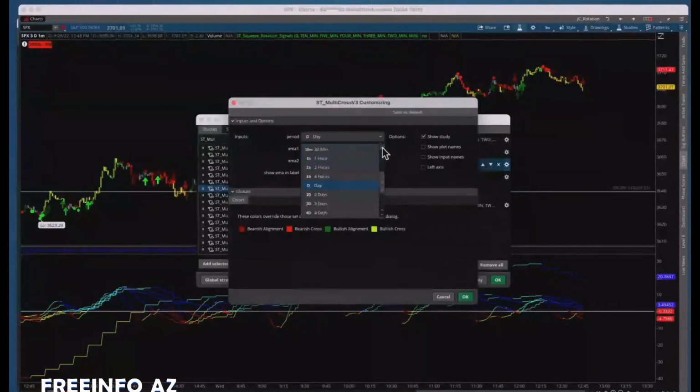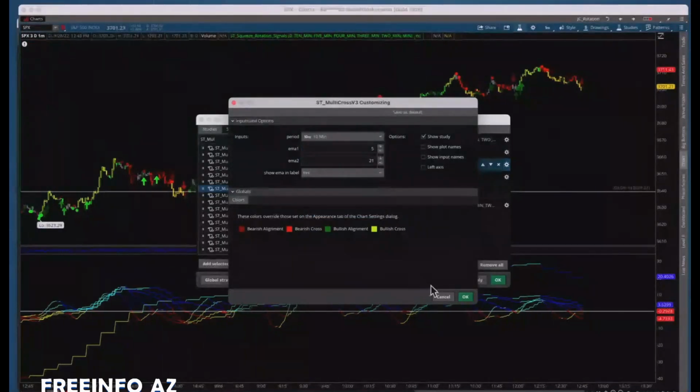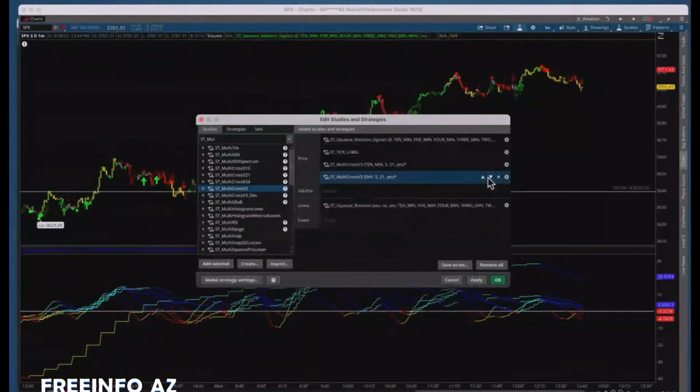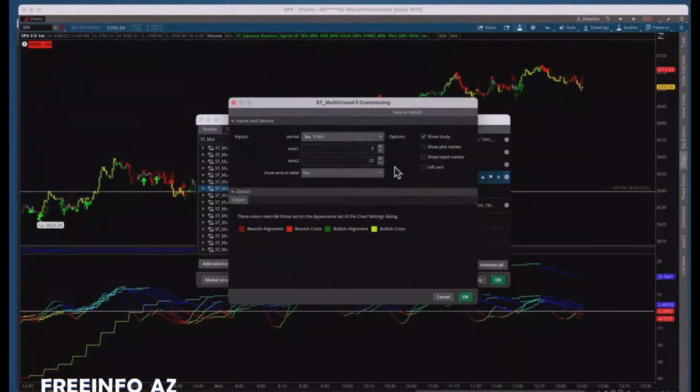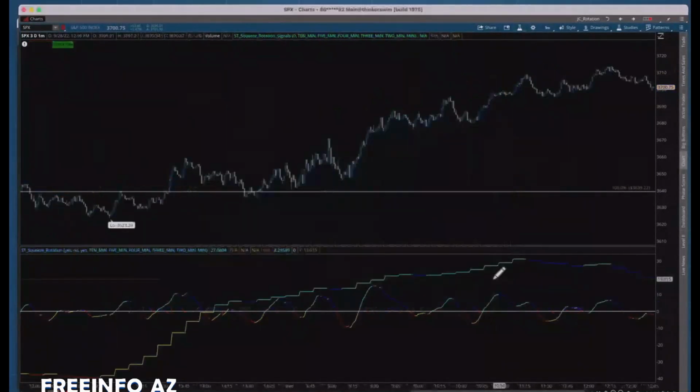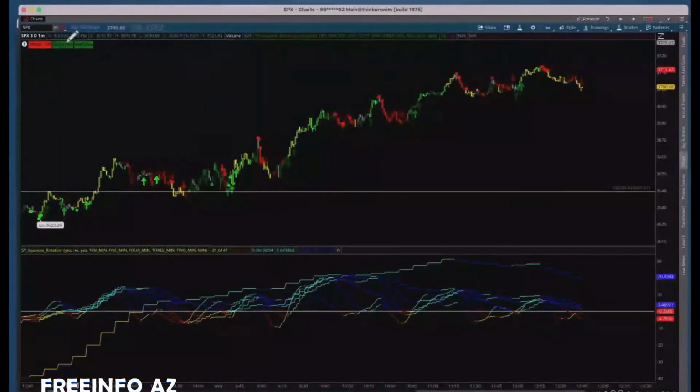I'm going to put one of these on 10 minutes and the other on 5 minutes. You just go into the drop-down menu, just like it is for the rotation indicators. Set your 2 EMAs, and then you'll see up in the corner, we'll see 5/21 cross on the 10-minute, 5/21 cross on the 5-minute. So that was Aardvark's question.